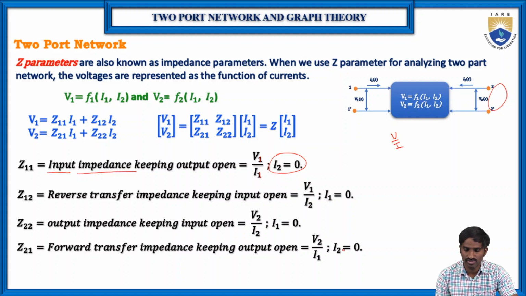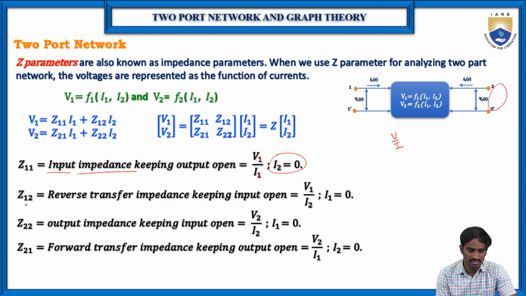In all the cases, either I1 is equal to 0 or I2 is equal to 0, because these parameters are also called open circuit parameters, which means when finding the parameters, you should make either the input terminal or the output terminal open circuit. Of course we can't make both terminals open circuit. Each time you should consider one open circuit.